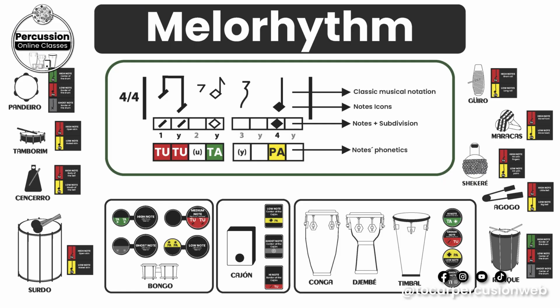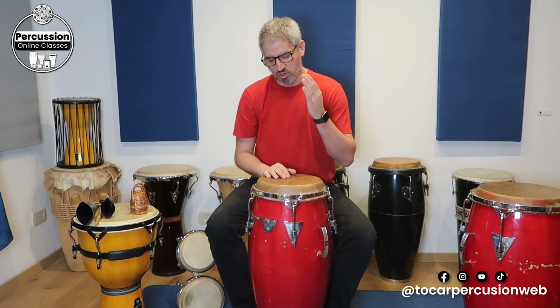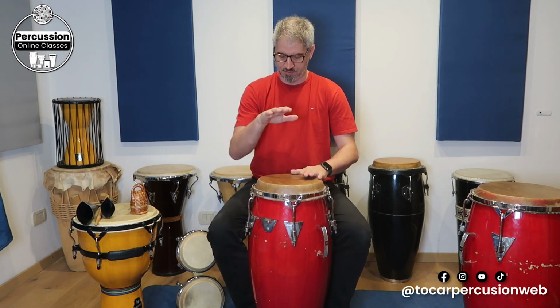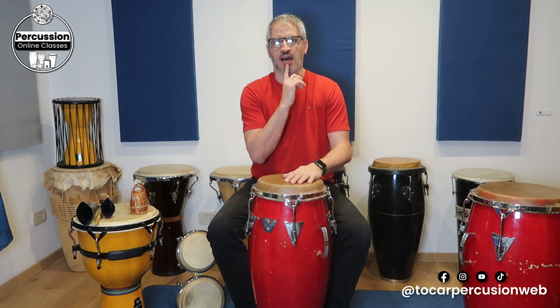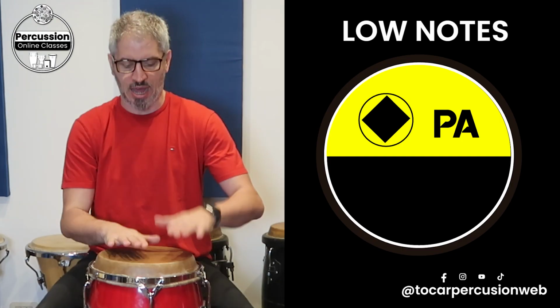Let me show you with the conga, but you can do this in any other instrument. You're going to have a low sound in the center that you can sing using the syllable pa, pa, pa. This is going to be the low note.